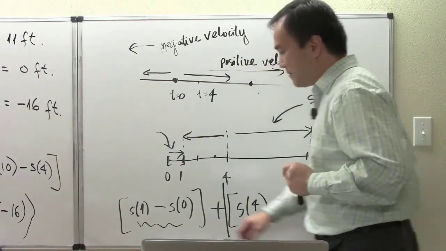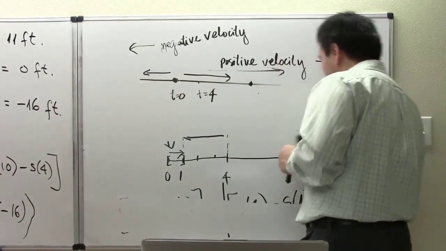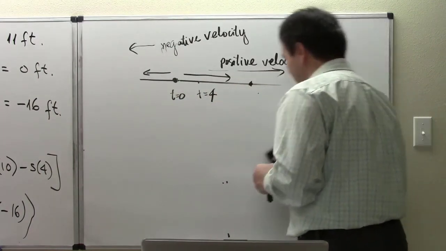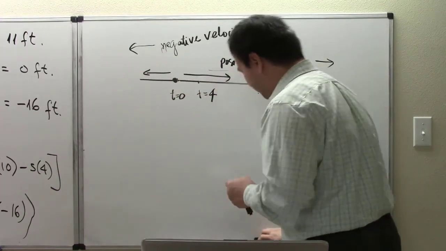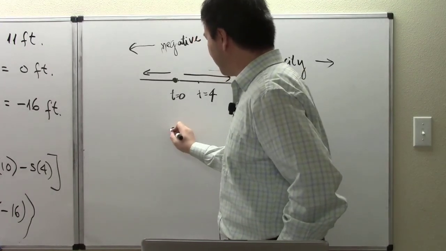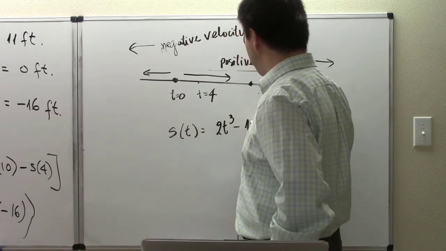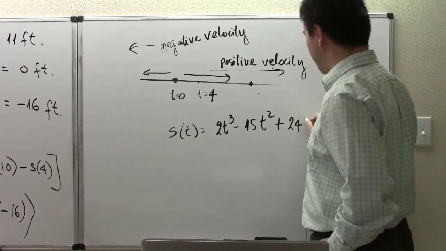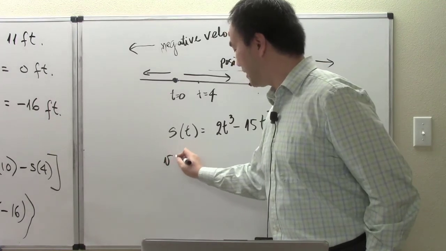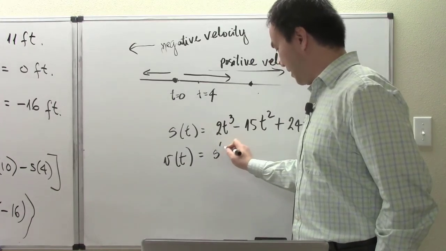Give me a minute here to erase my board. All right, so now S was given to be 2t cubed minus 15t squared plus 24t. We have already found that. Our velocity function throughout all these problems so far is S prime of t.